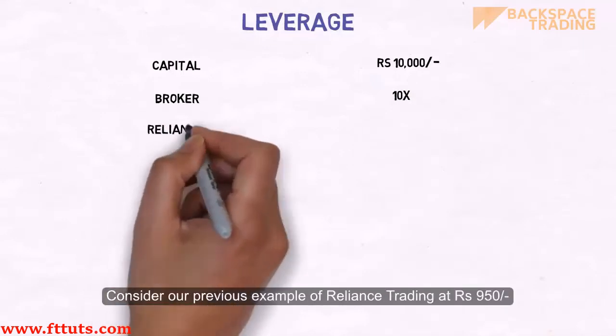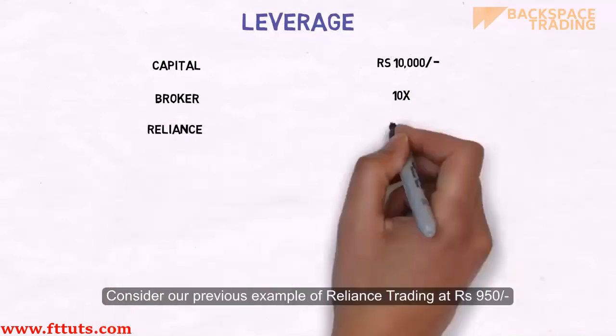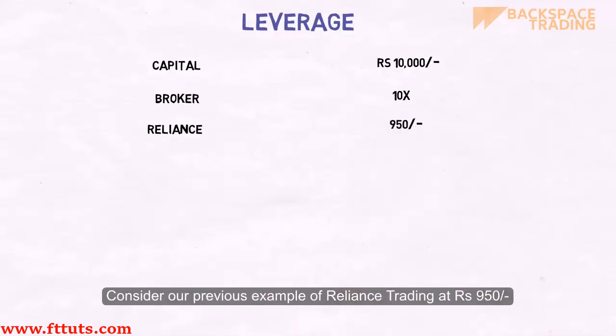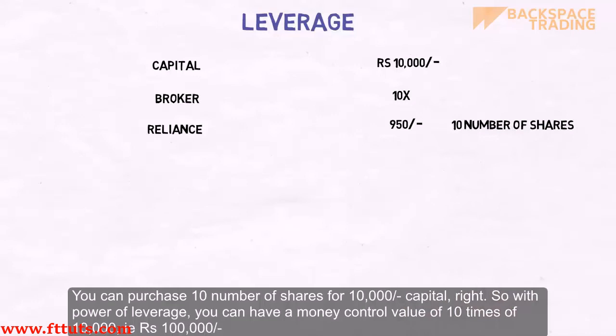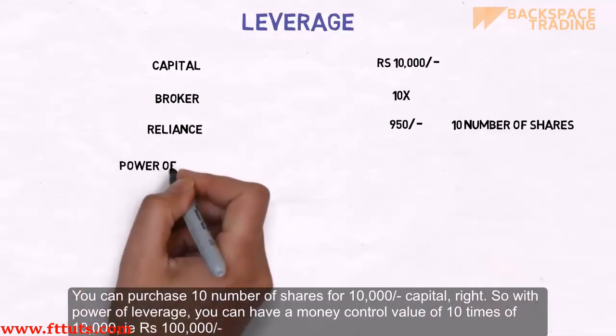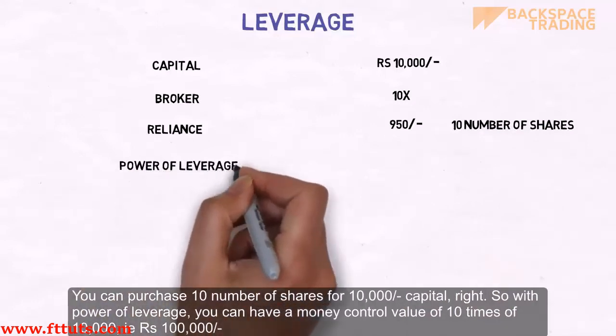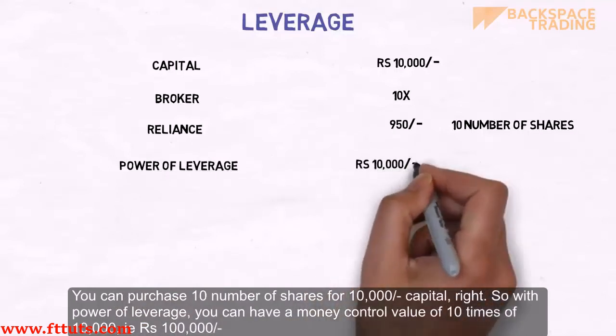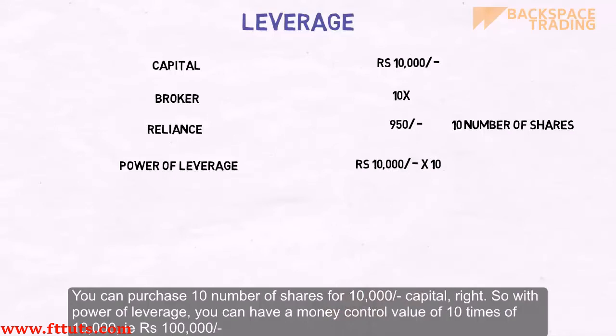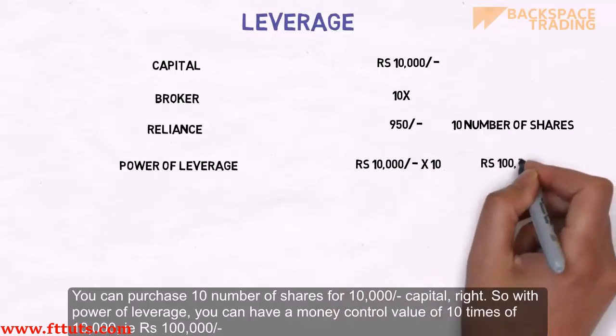Consider our previous example of Reliance itself, okay, that is being traded at 950. You can purchase 10 shares for 10,000 rupees, right? So with the power of leverage, you can have a money control value of 10 times 10,000, and that would be 1 lakh rupees.